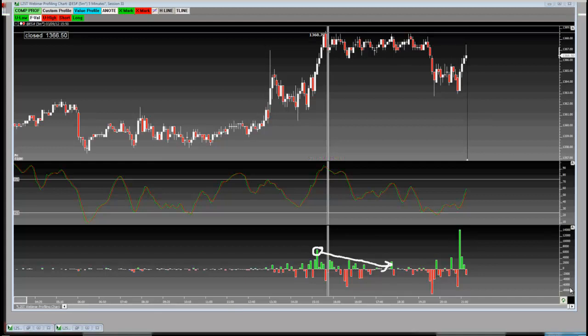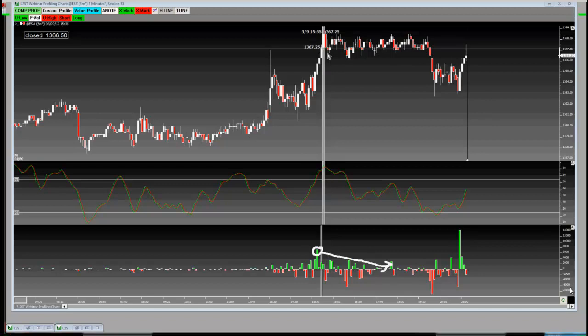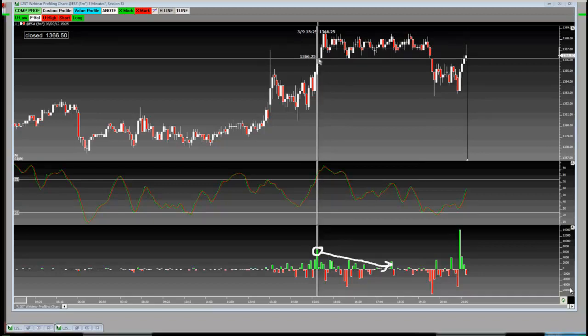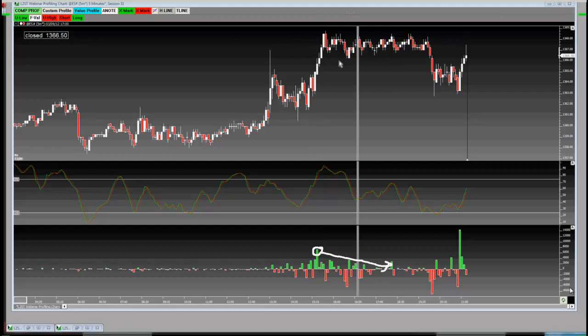That means less and less buyers are lifting the offer. But what happened with price? If you look at that exact same bar where that high was made, price was still down here. What happened since that high? Price went up. So straight away there we have a divergence with price, volume breakdown moving down, price moving up.